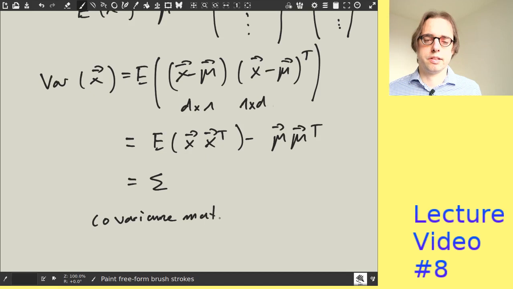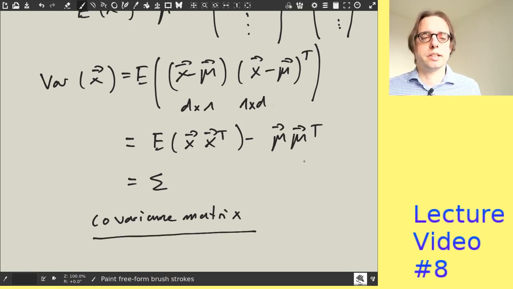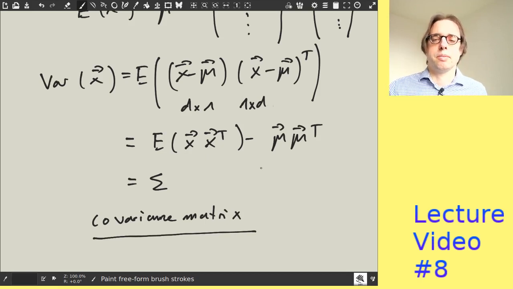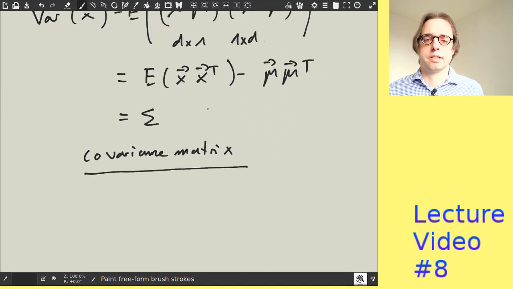We will use this later as well, but for now it's sufficient to memorize that this is a generalization of the variance. It's a symmetric matrix. So sigma is symmetric.